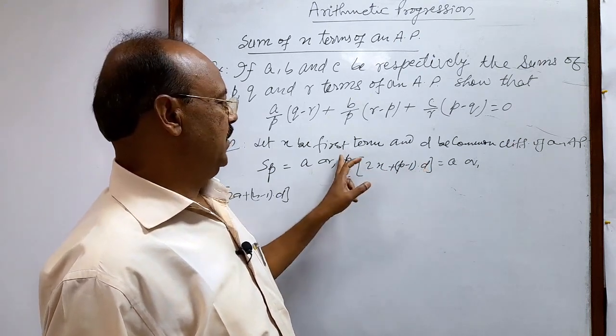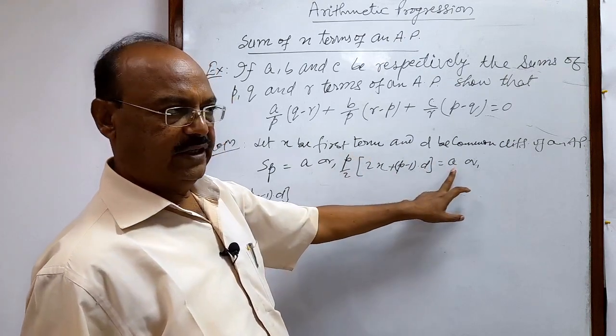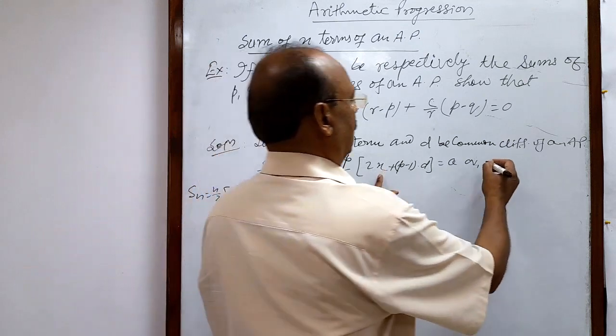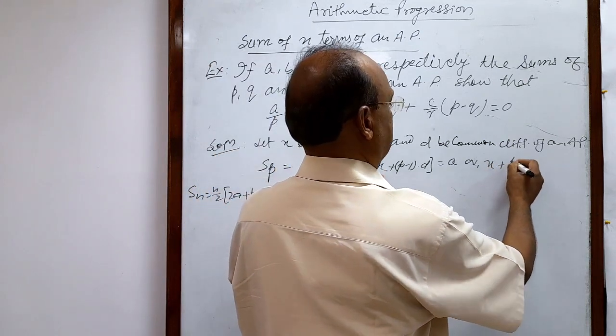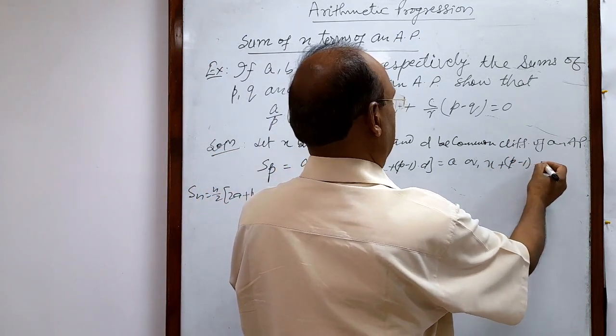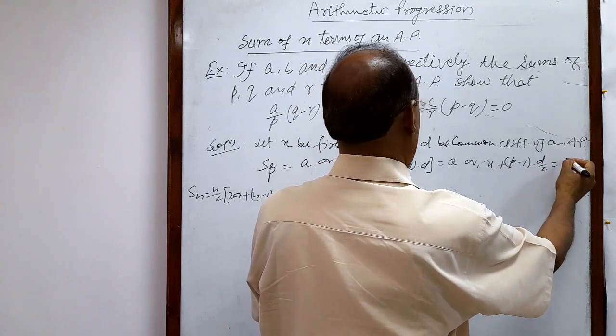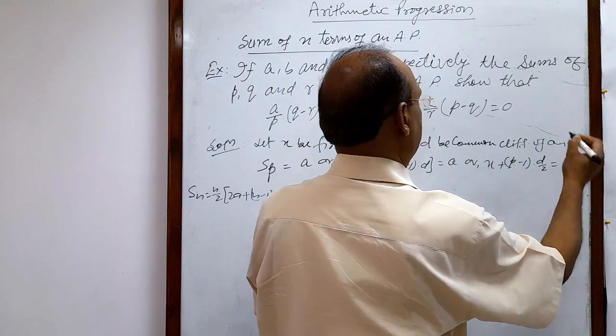Correct? And this P will be transposed to the right hand side. So here we are getting X plus (P minus 1) into D by 2 is equal to A by P.